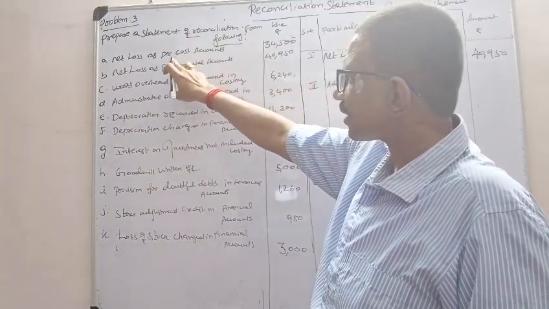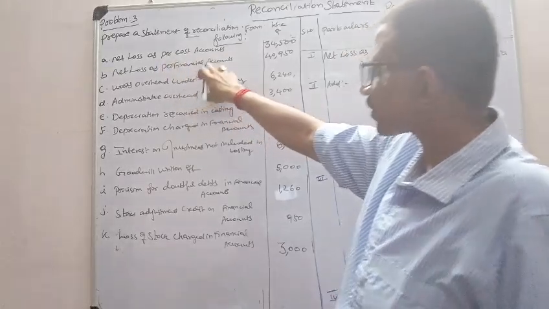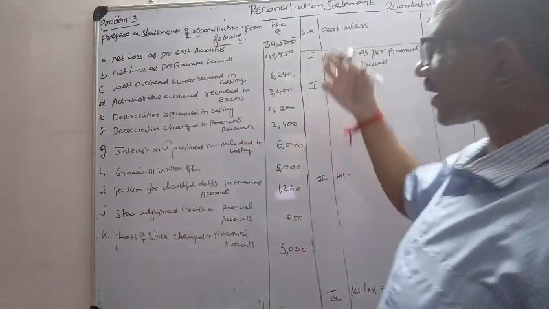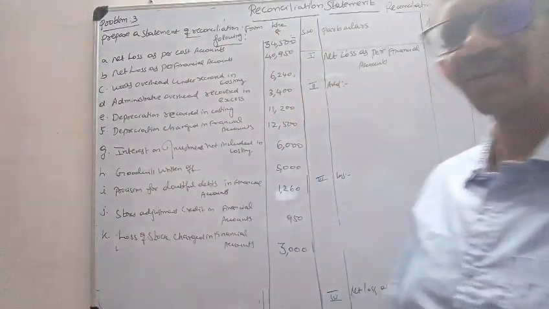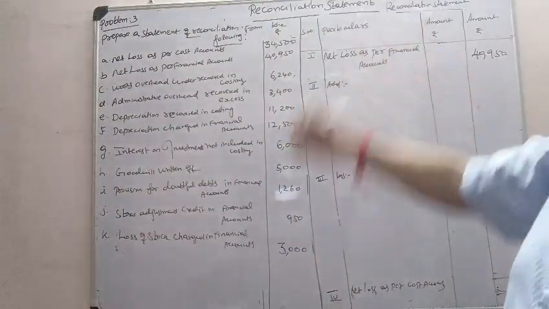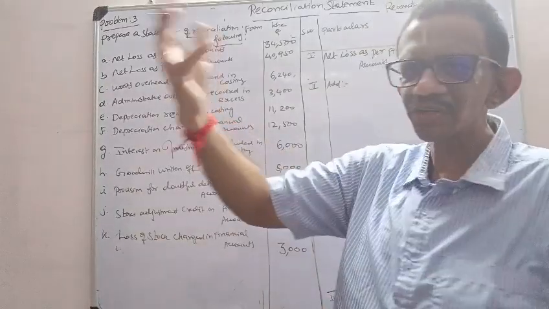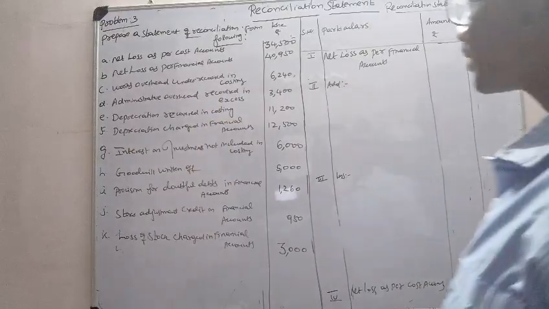They have given net loss as per cost accounts and net loss as per financial accounts. Both they have given. It is our choice. We can take either cost loss as a base or financial loss as a base. Now I am taking financial loss as a base. You can take cost loss as a base and work it out and see whether you are getting the right answer. Fine.